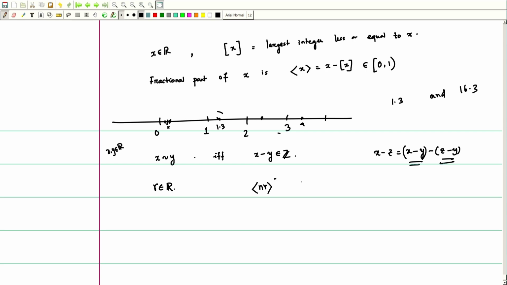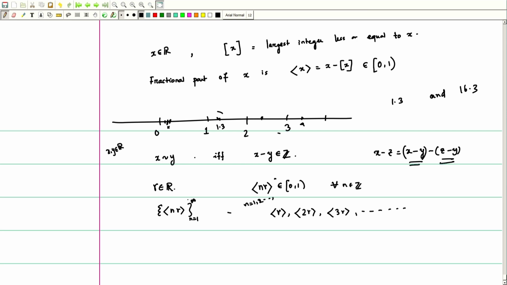This sequence belongs to [0,1) for all n in the natural numbers. So, let us write it down: fractional part of gamma, fractional part of 2 gamma, fractional part of 3 gamma, taking n as 1, 2, 3, 4, like this.